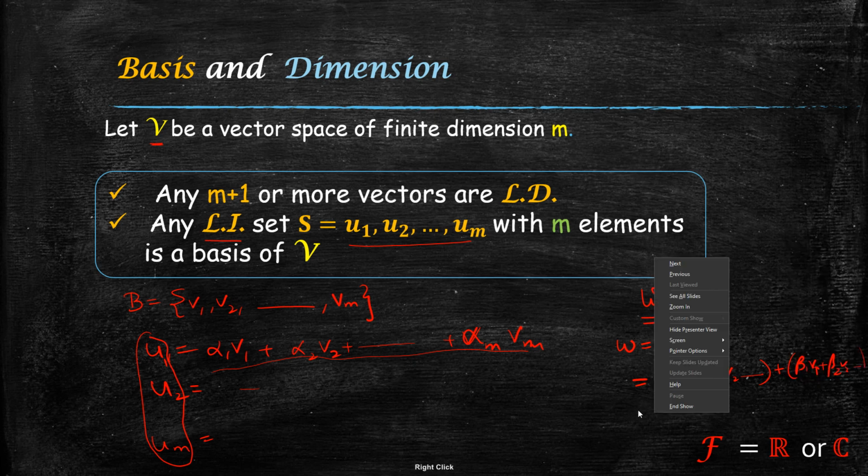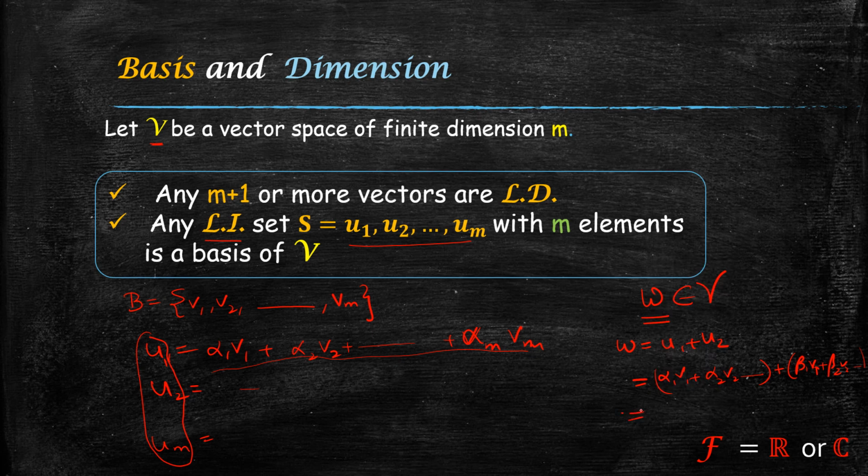So I can say here that W can be written as (alpha 1 plus beta 1) v1 plus (alpha 2 plus beta 2) v2. Every vector of V can be written as a linear combination of u1 and u2. That means the set S, which contains m linearly independent vectors, is also a basis of V.